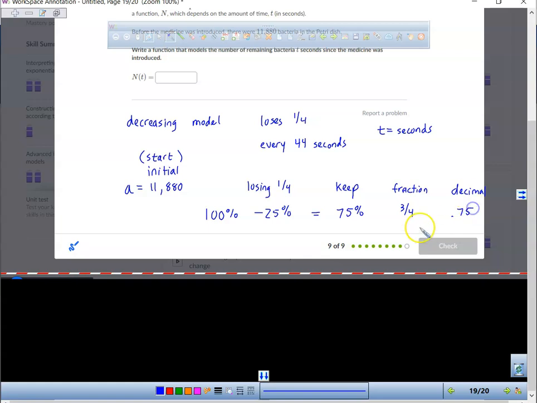There we go. I want you to understand, you can use this or you can use this as your B value. So your A value was 11,880. Your B value, I'm going to use 0.75 because it's pretty easy to type in.